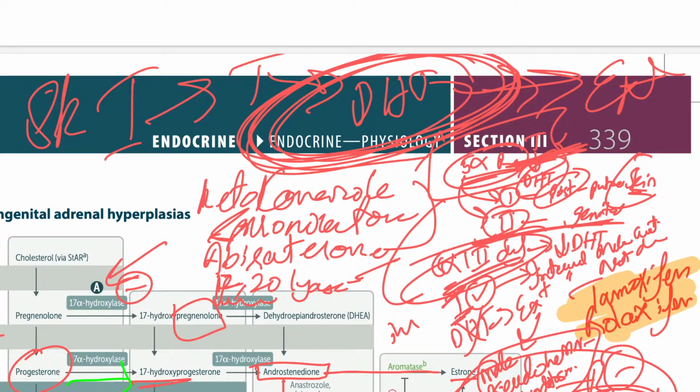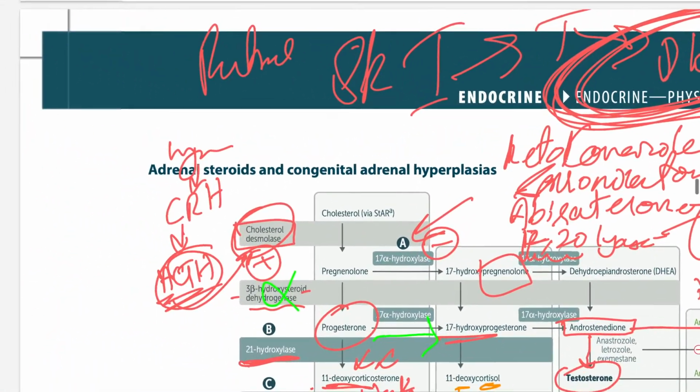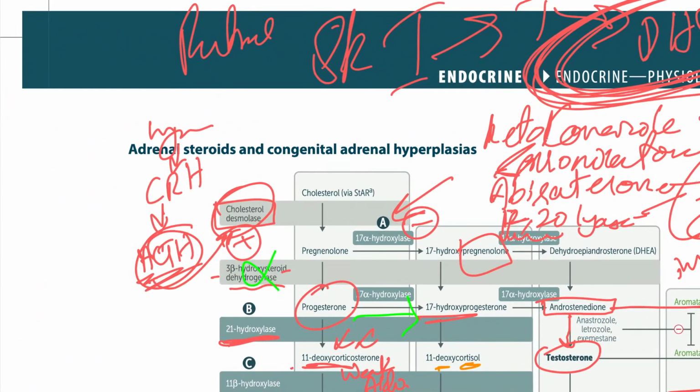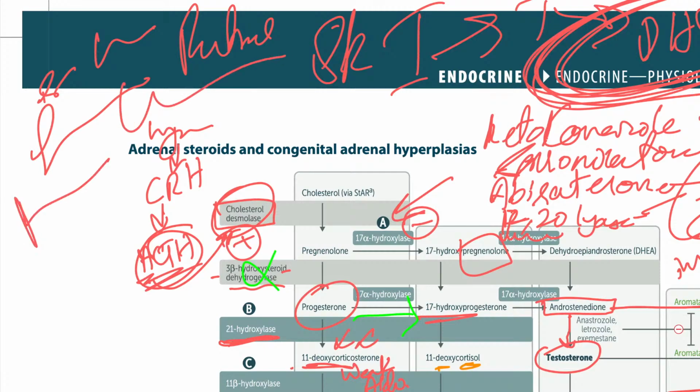Okay. So let me just summarize this part. These children are raised as females, or if they have ambiguous genitalia, they're raised ambiguously until puberty, during which their increased testosterone will convert into DHT through the skin type 1 5-alpha reductase.